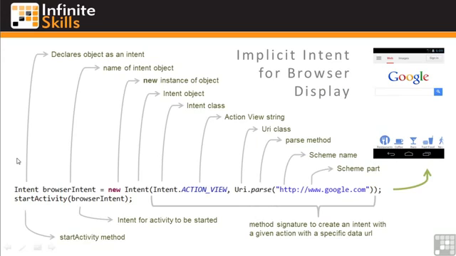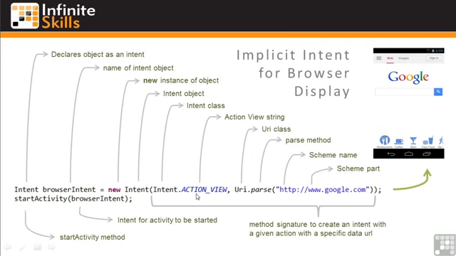The code is similar to the explicit intent we just examined. The first statement creates a new intent object. On the left of the equal sign is a declaration for our new intent object we're calling browser intent. On the right of the equal sign is the code that actually creates the new object. It uses the intent class with a method signature to create an intent with a given action and a specific type of URI. The signature has two parameters.